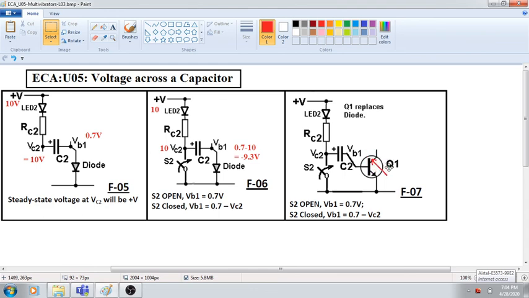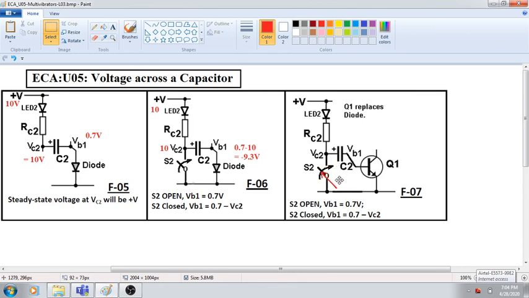Okay, now once we bring the next diagram, our circuit will contain a transistor, collector resistor, collector LED connected to supply. Then in the base you will have the resistance RB1. Then you have a capacitor. This capacitor is connected to RC2, LED2 and supply. Here you are having a switch, a mechanical switch.